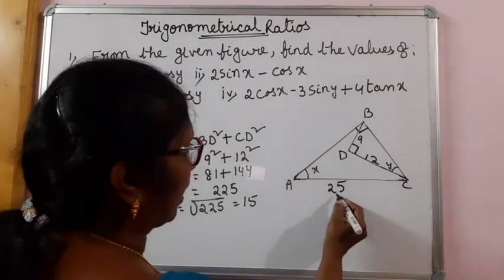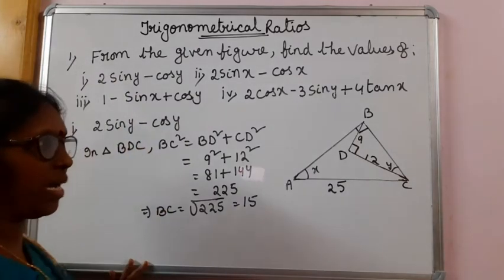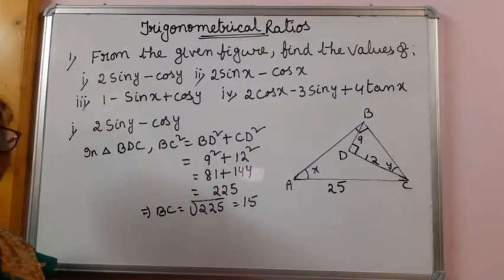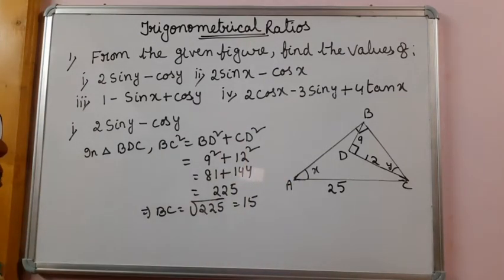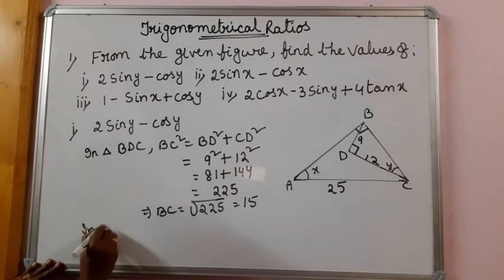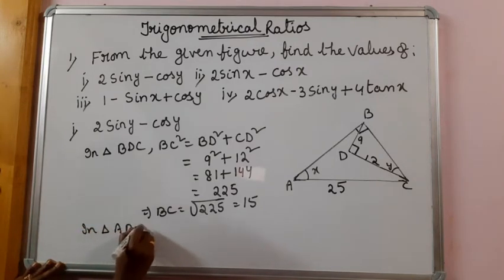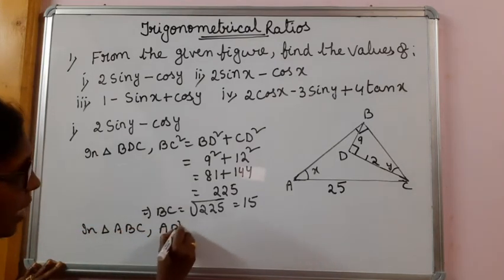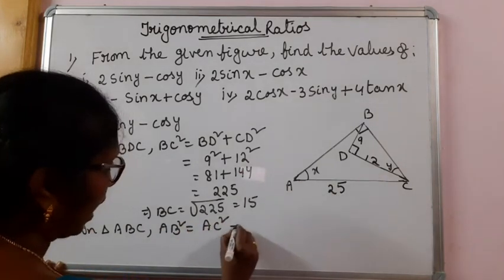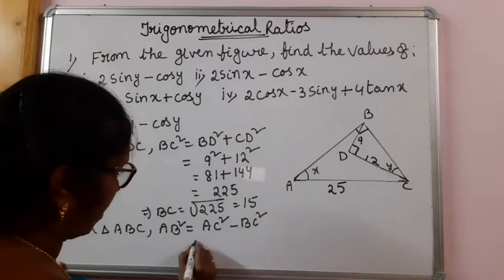AC is given 25. AB we can find. Here angle B is 90 degrees. So AC is the hypotenuse in this triangle. So in triangle ABC, AB square is equal to, as AC is the hypotenuse, AC square minus BC square.